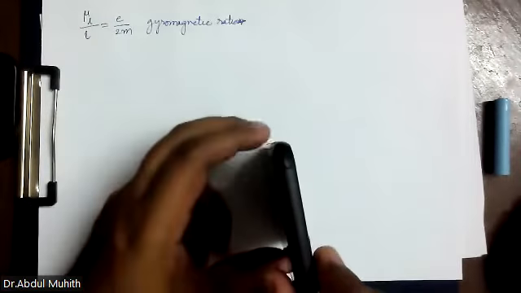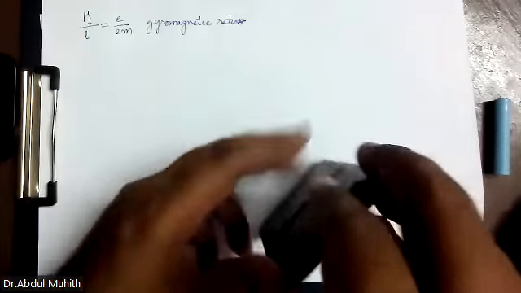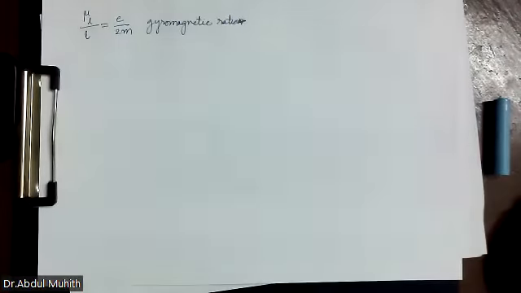Like it happens in machines. When I'm rotating this one, then this will rotate. This is in the steering. You know, in cars we have the steering. We rotate the steering and the tires will rotate in the other plane. Understood? Steering is in one plane and tires are in the other plane. These two are in different planes.